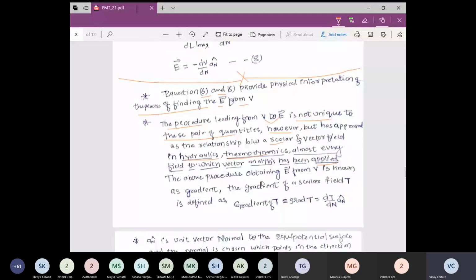The above process of obtaining E from V is known as a gradient. The process we have seen, to find the relationship between V and E, is known as a gradient.